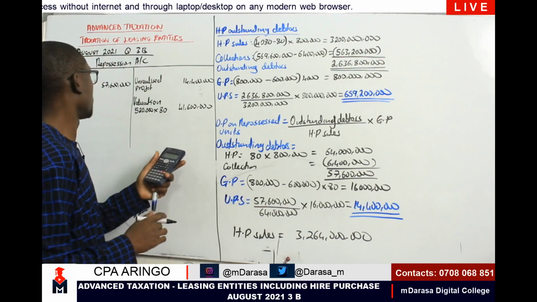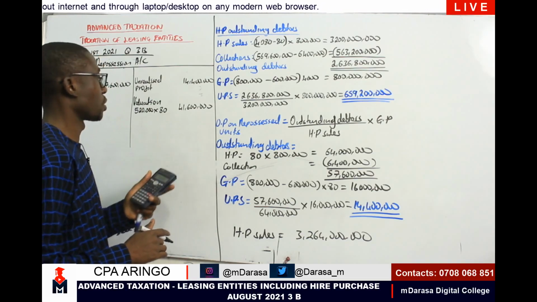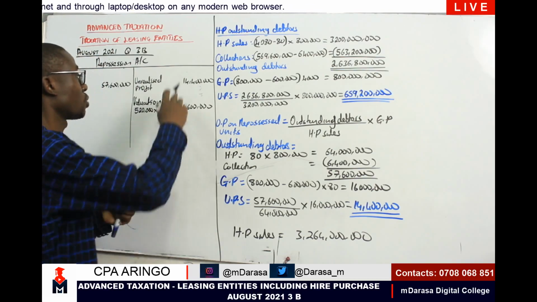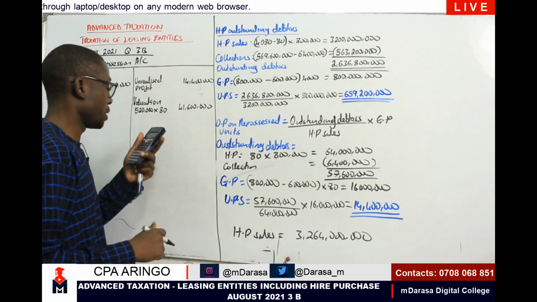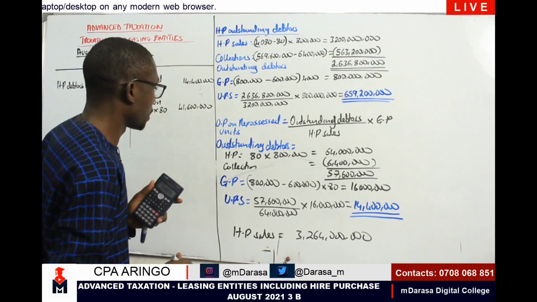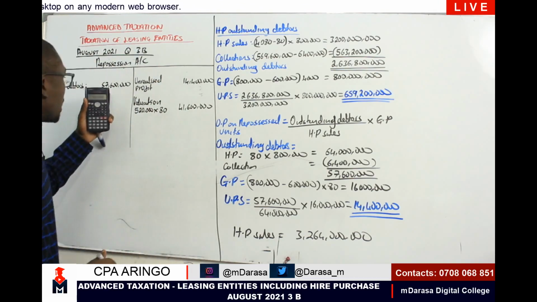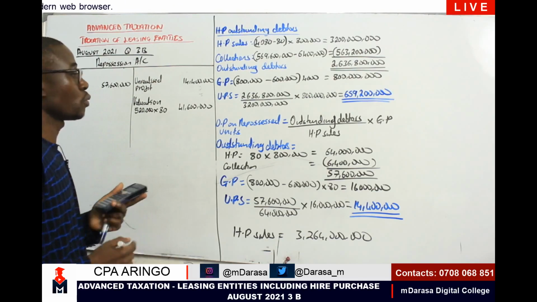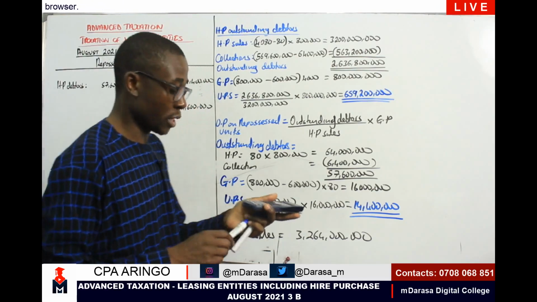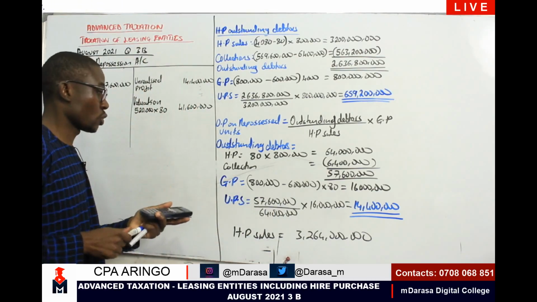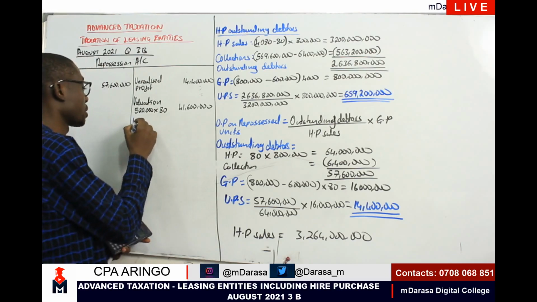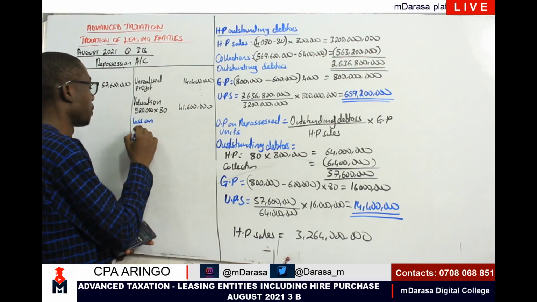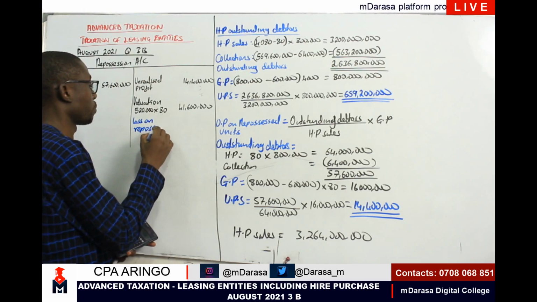You are getting 56 million. But what about our outstanding debtors? Outstanding debtors is 57.6, meaning that at this point we had a loss on repossession.